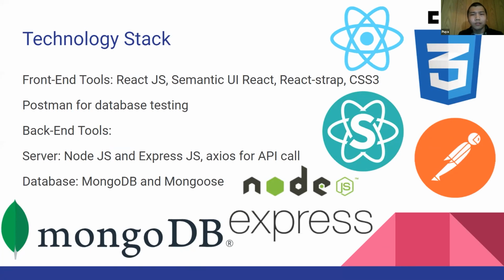We use Semantic UI framework to decorate the client side and React Strap, CSS, custom CSS for styling our admin page. Also, we use the tool called Postman to check the API. And to run the server, we apply Node.js and Express.js. We use Axios to request the server, and MongoDB and Mongoose for storing database.